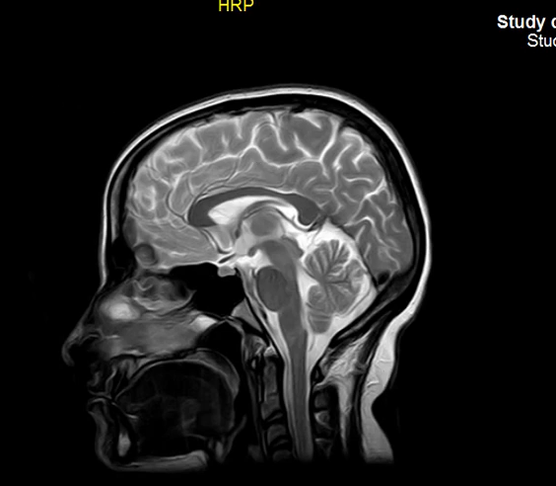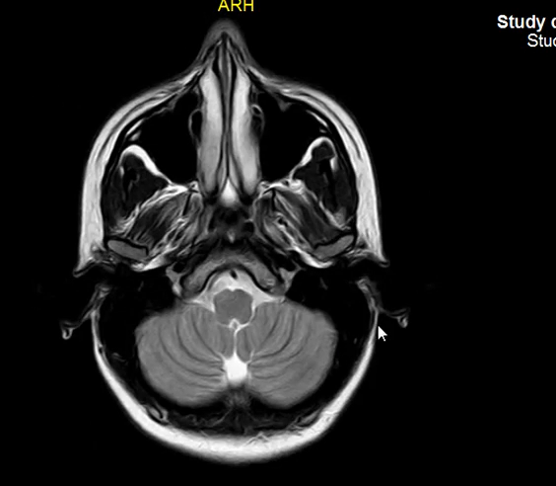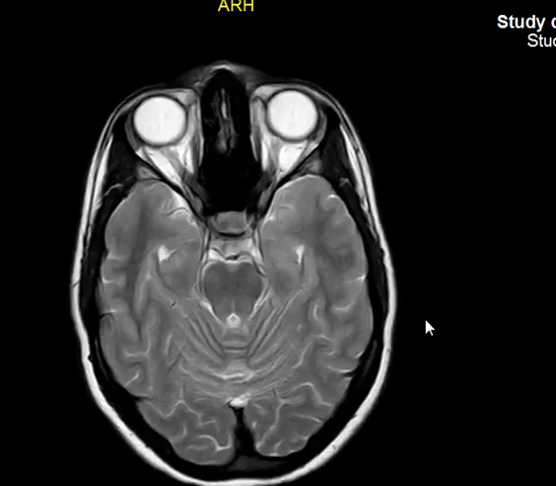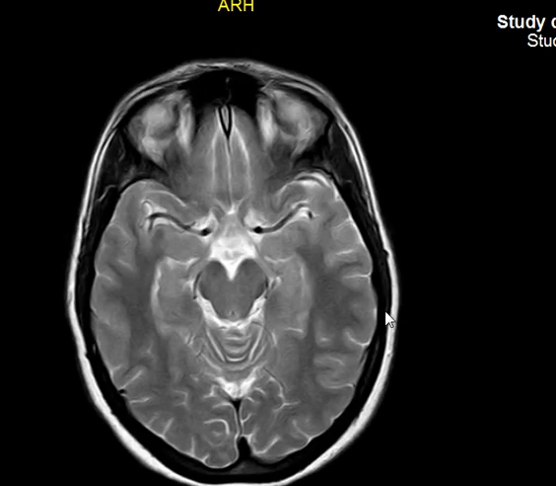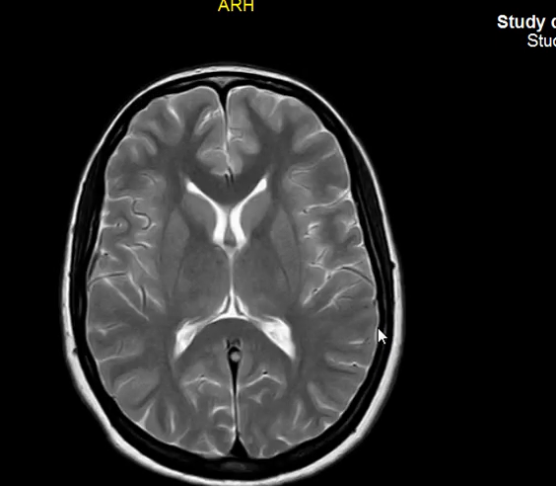Now, let's go back to the axial images. What are these, T1 or T2? T2, because fluid is bright. We have gray matter and white matter. On the cerebral surface, you have these ridges and grooves, heights and depressions, hills and valleys.